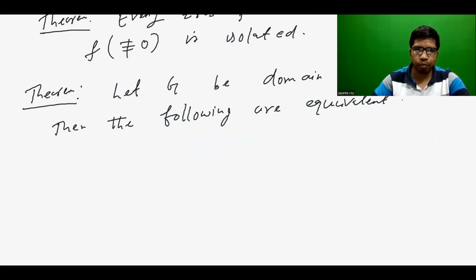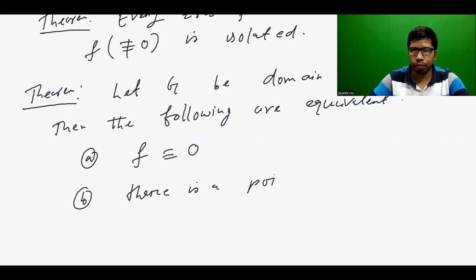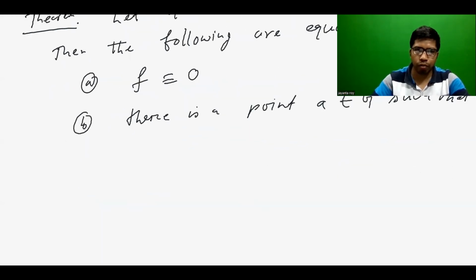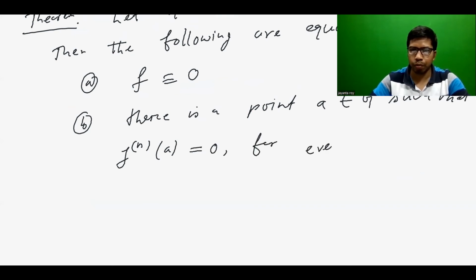Number A, f is identically equal to 0. Number B, there is a point a in G such that the nth derivative at that point is 0 for every n greater than or equal to 0.